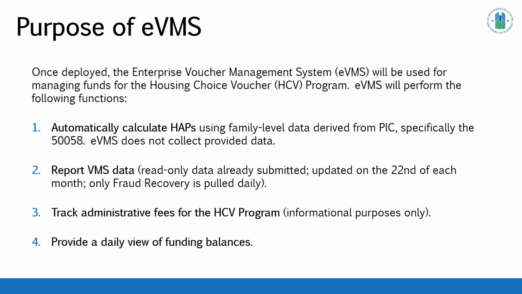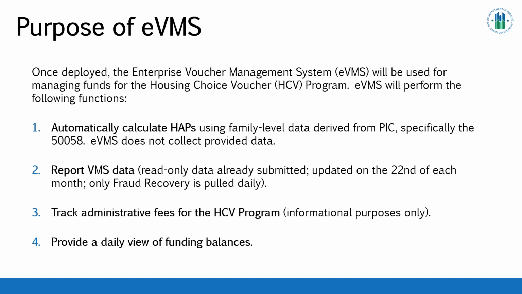Once deployed, the Enterprise Voucher Management System, or EVMS, will be used for managing funds for the Housing Choice Voucher, or HCV program. EVMS will perform the following functions: automatically calculate HAPs using family-level data derived from PIC, specifically the 50058.